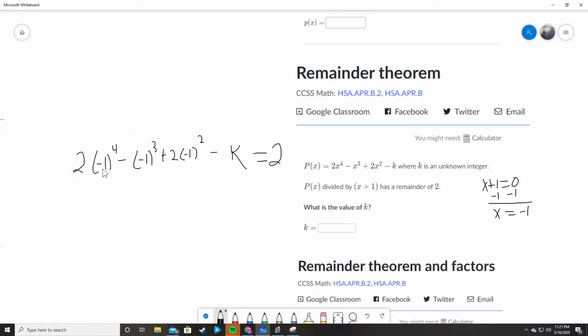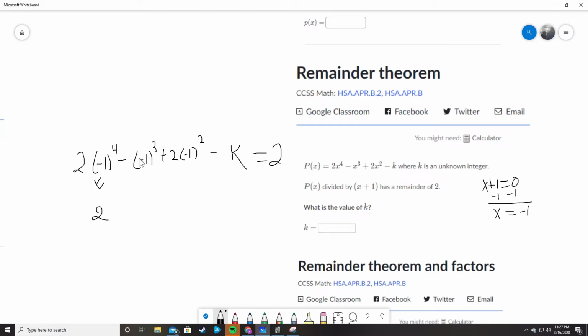So first off, negative 1 to the 4th power is just going to be 1 at the end of it, because when you take a negative number to an even power, it just turns it positive. So 1 times 2, this ends up turning into a 2. Now we got negative 1 to the 3rd power. That means that when we do this, we'll end up getting a negative 1.